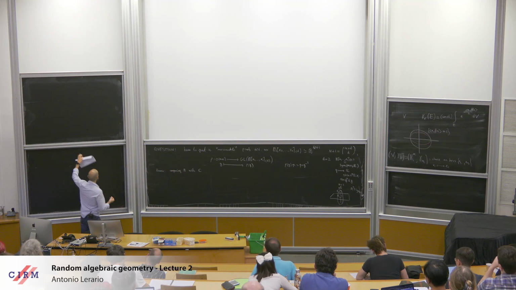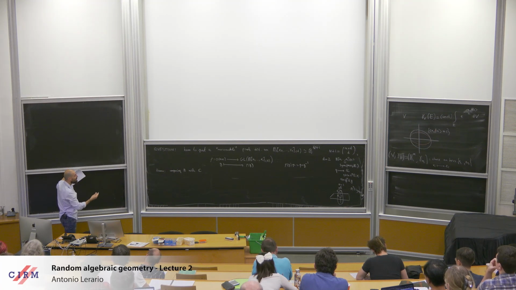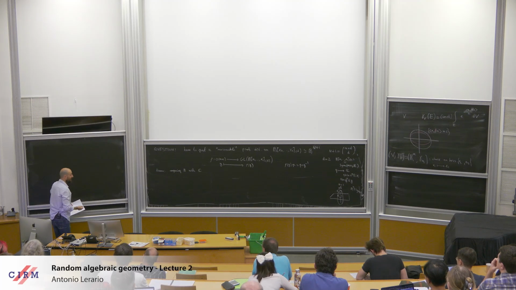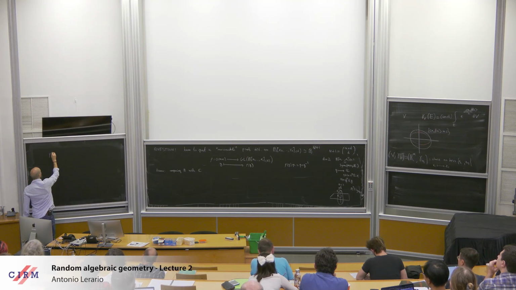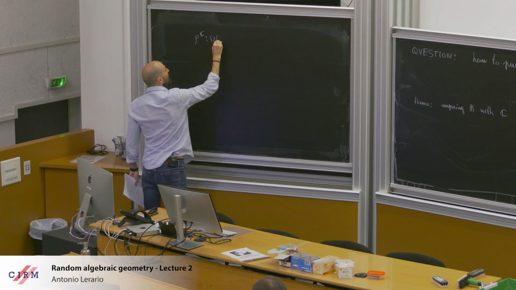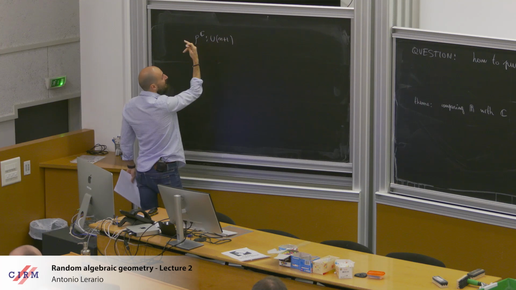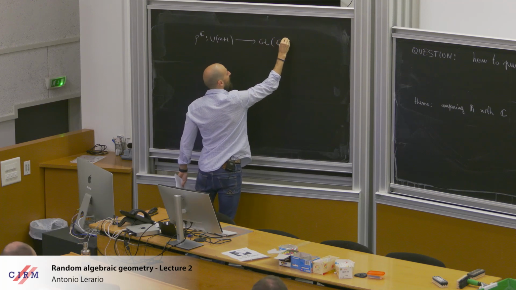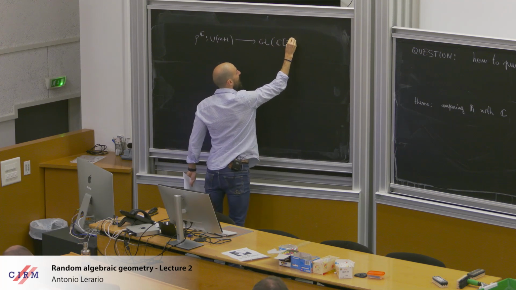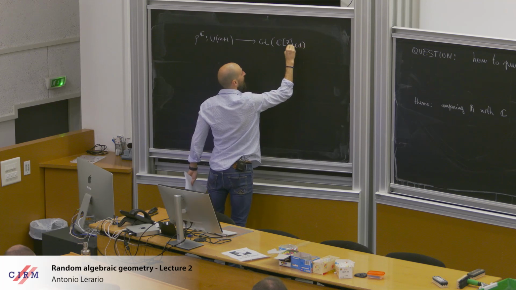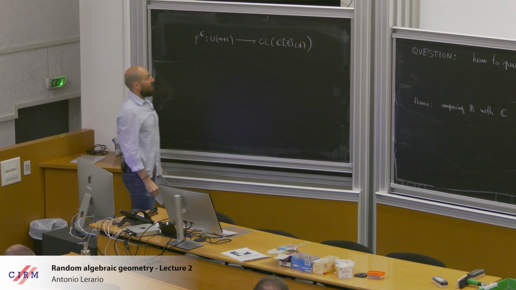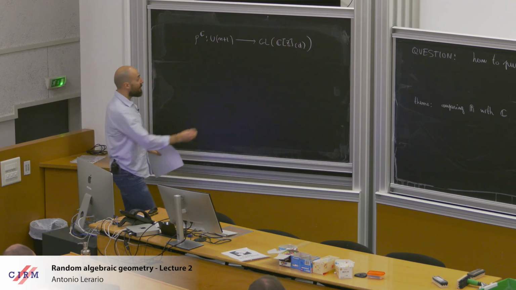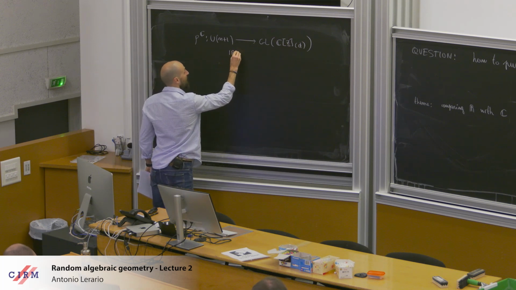And now comes the interesting thing. If you look at the same picture over the complex numbers, you take the representation of the unitary group, which I denoted this way, into the space of complex polynomials. So this representation is irreducible.